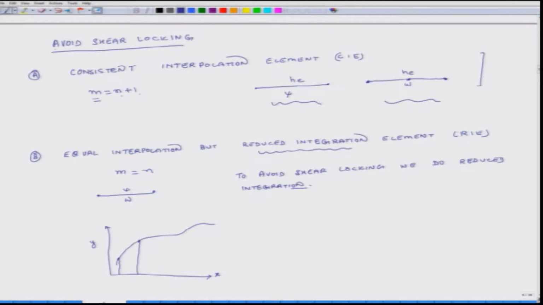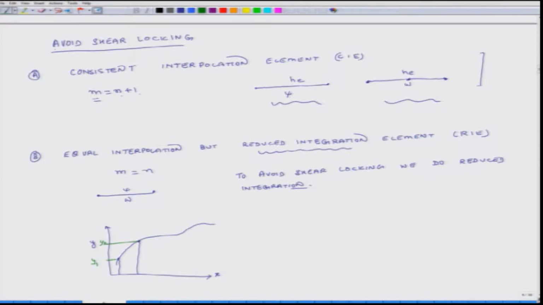Now, if I consider only one point when I am integrating it, then I will get one answer. Suppose this is y1 and this is y2.